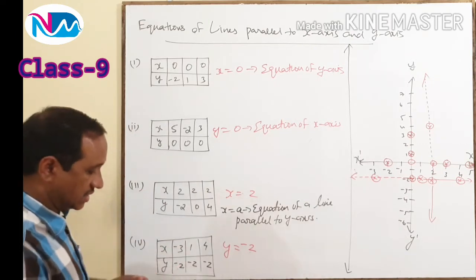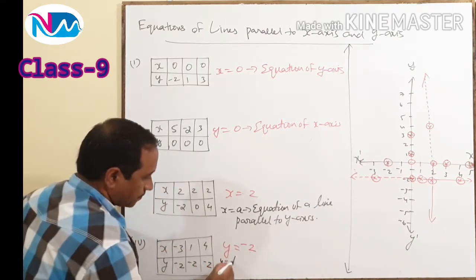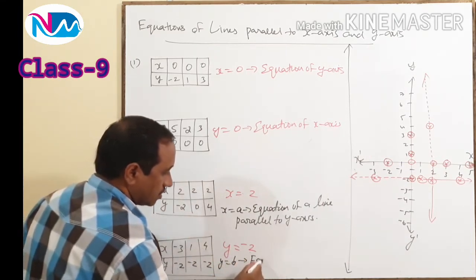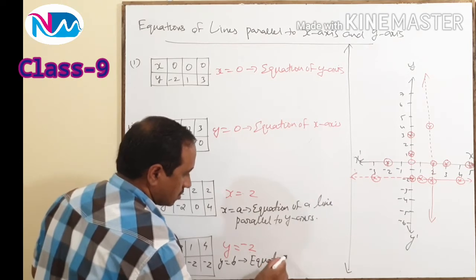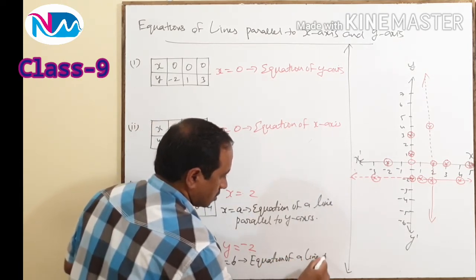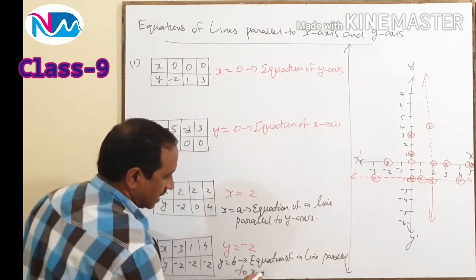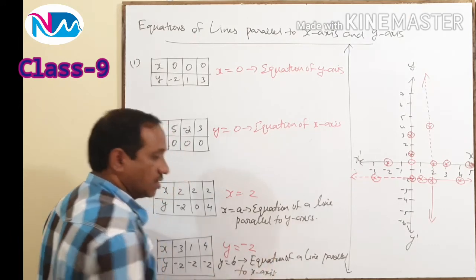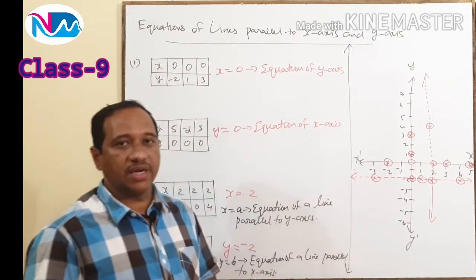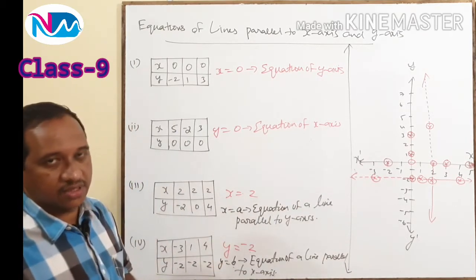So we can say that y is equal to b is the equation of a line parallel to x-axis. y is equal to b represents an equation of a line parallel to x-axis where b is any real number.